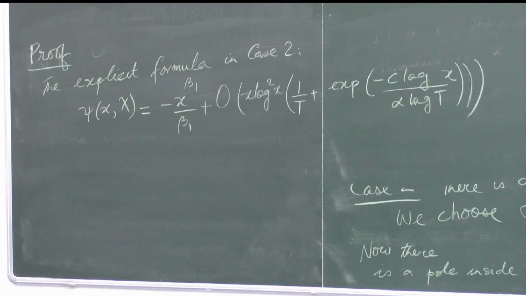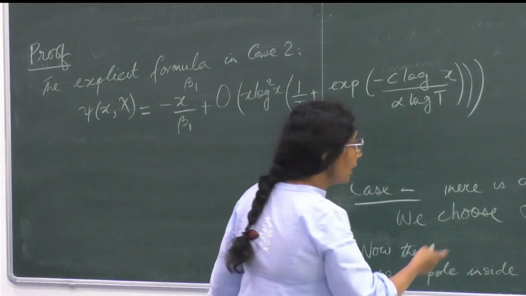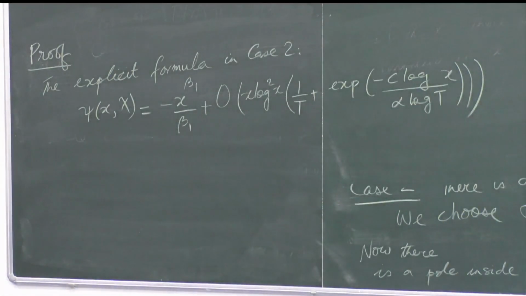And the rest of the cases is the complement of this, which is beta 1 this time, the complement will become less than.